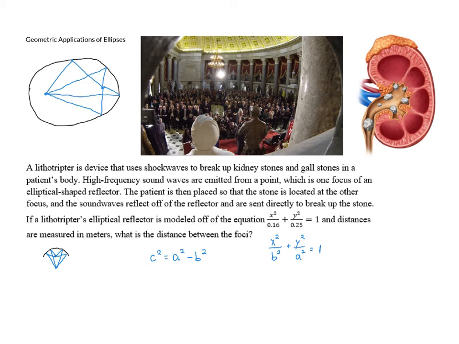Now in this case, a squared is 0.25 and b squared is 0.16. When we subtract these, we get 0.09 for c squared. And if we take the square root of that, we get that c is equal to 0.3. But remember, the distance we're looking for is 2c. So if we double this, we get 0.6, and this is measured in meters.